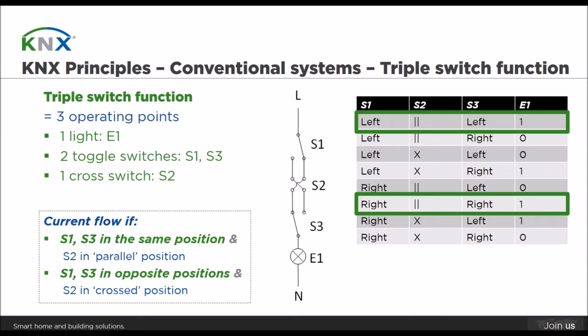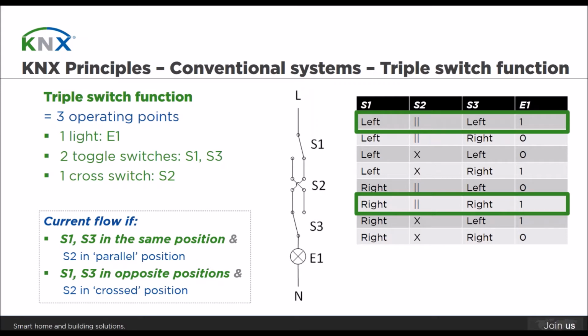The lamp will be switched on in the following cases. The first one is when S1 and S3, so the 2 toggle switches, are in the same position, and S2, the cross switch in between, is in a parallel position.